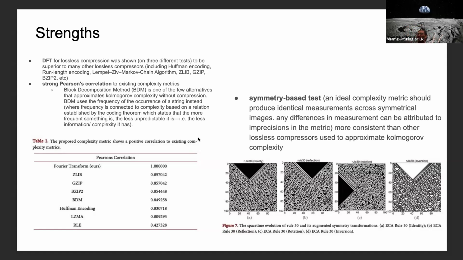And it was shown to be more consistent than a lot of the compression metrics used. One of the ones that was not using compression at all was the block decomposition method, which approximates Kolmogorov complexity using the frequency of occurrence of the string as opposed to compression. So that was also used.